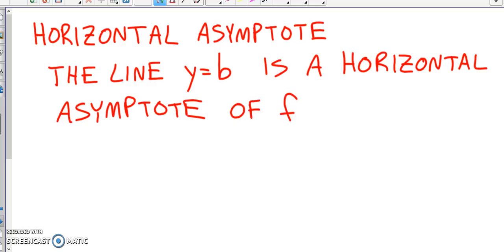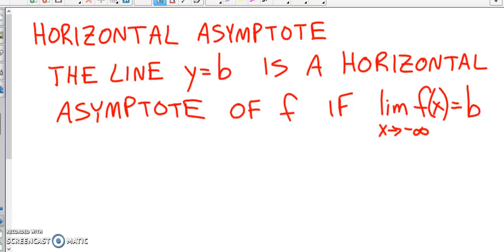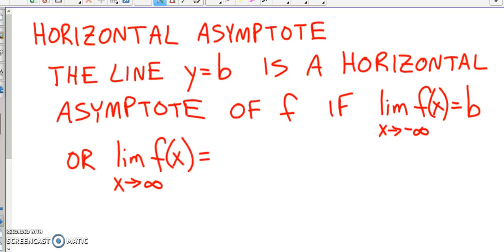Of f, if the limit as x goes to negative infinity of f of x equals b, or the limit as x approaches positive infinity of f of x is equal to b. So if it just approaches a number, when you get far enough away, that number, y equals that number, would be the horizontal asymptote.